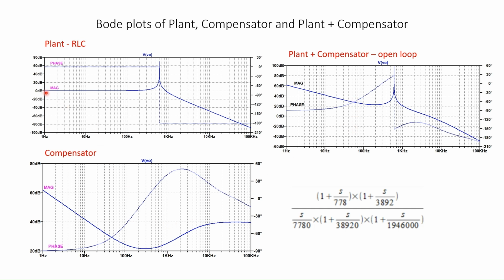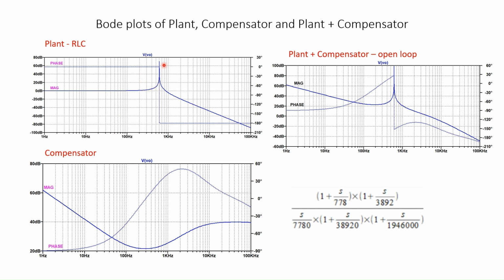Okay, so the magnitude is 0 dB until here. So when you add the compensator magnitude, the net will be the same as the compensator magnitude, because this is 0 here. So up to this point we have 20 dB here. Same thing, so here we are starting with 20 dB.